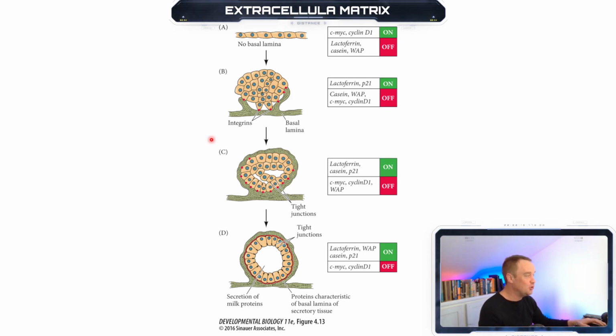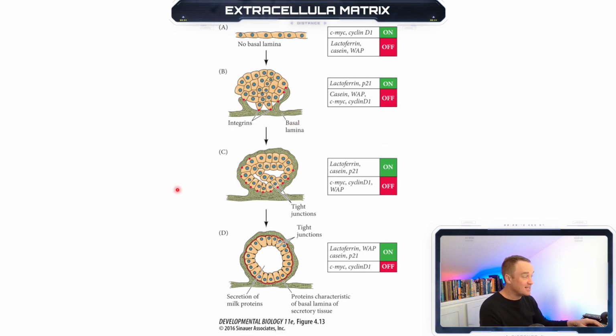The genes encoding cell division proteins are typically on, and the genes capable of synthesizing the differentiated products of the mammary gland, like lactoferrin and casein, are off. Remember, we talked about casein a little bit before, and whey acidic protein. If you're a weightlifter or someone in fitness, you've probably heard of casein and whey proteins. Those are from milk or cheese or whatever dairy product. So those are all off in the typical state.